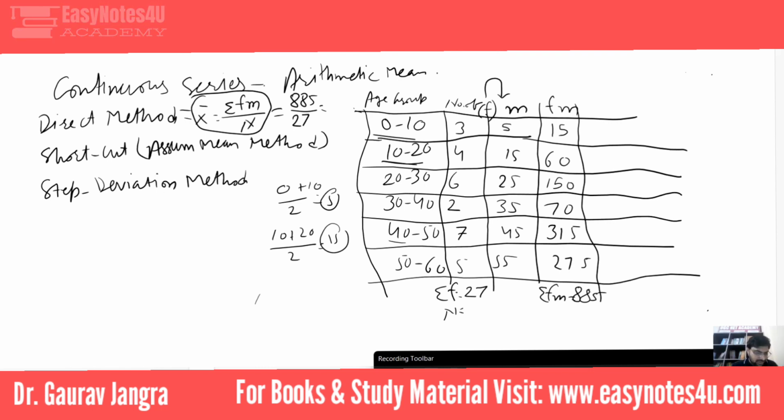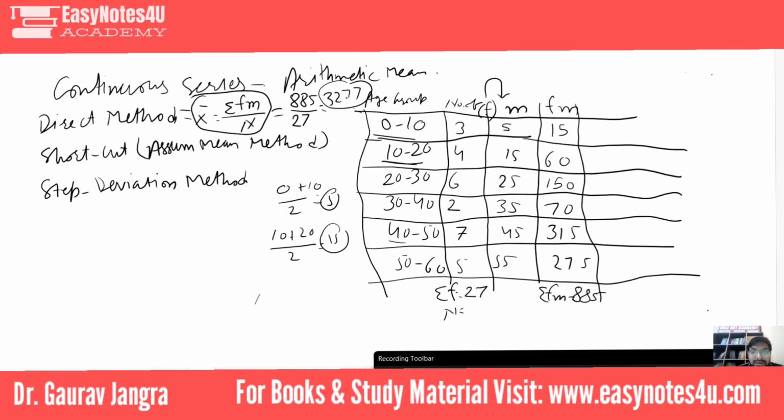You can also use a calculator, it is allowed in graduation and post graduation exams, not in competitive examinations. 885 divided by 27 will be 32.77. So this will be the mean value from the direct method.